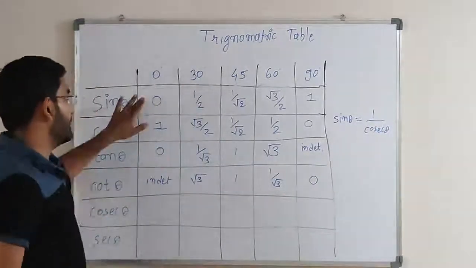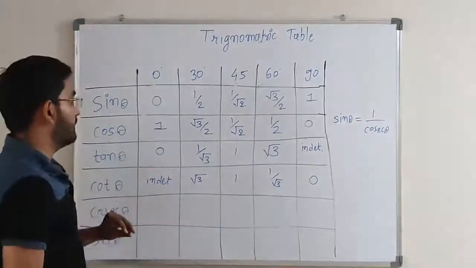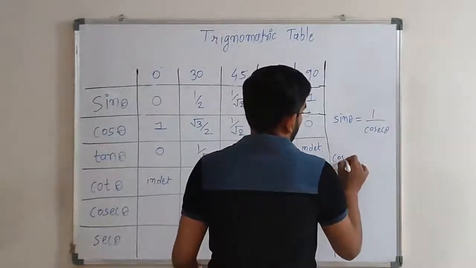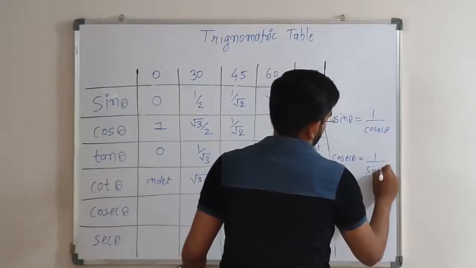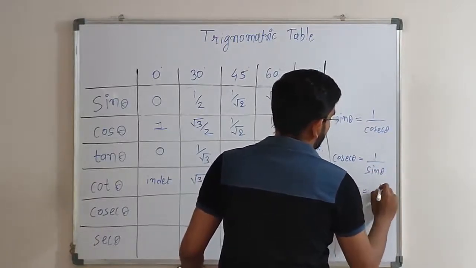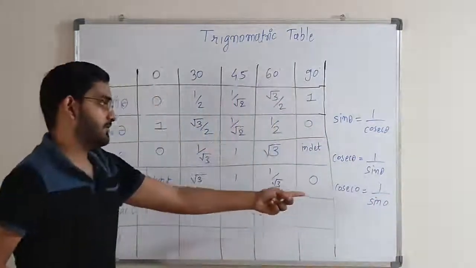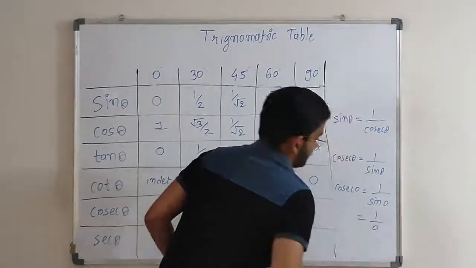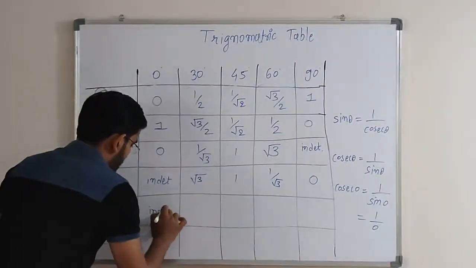So the value of sin theta goes in the denominator of 1. Cosec 0 is equal to 1 upon sin 0, and we know that sin 0 is equal to 0, so it is 1 upon 0, which is an indeterminate form.